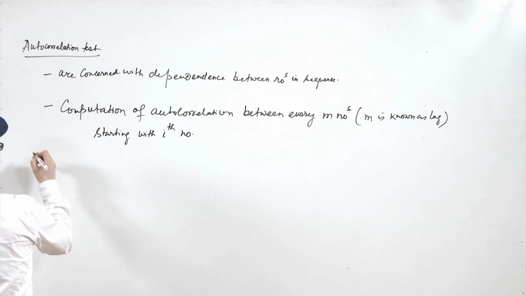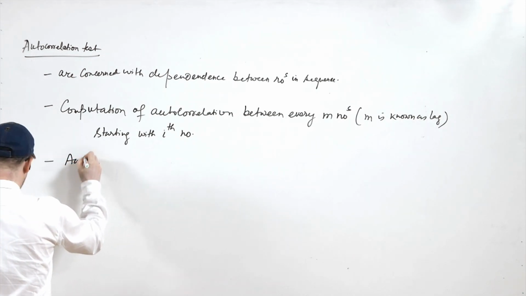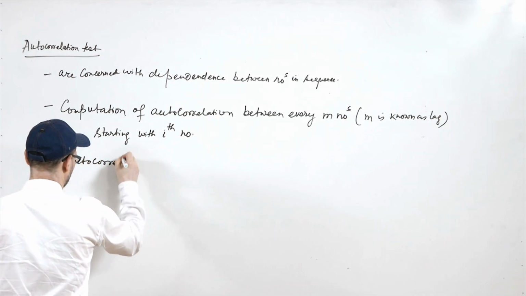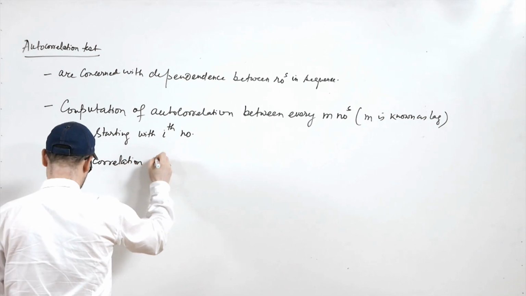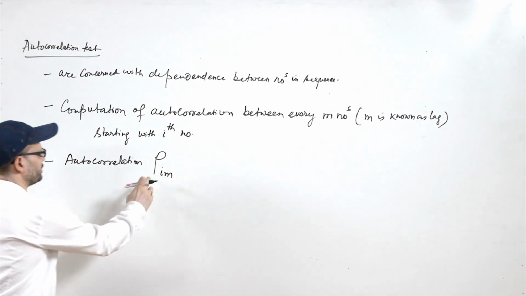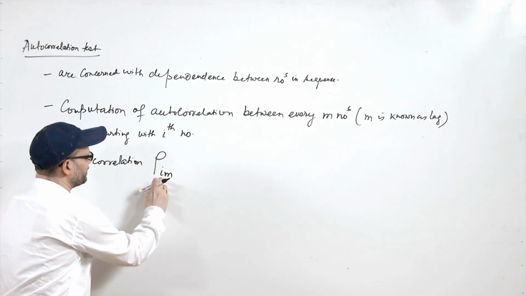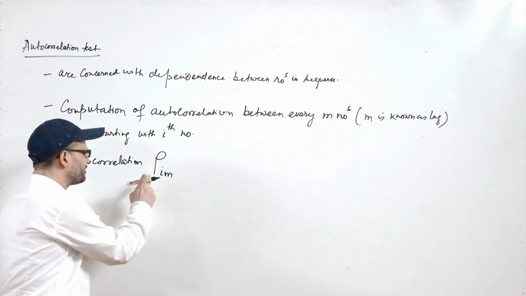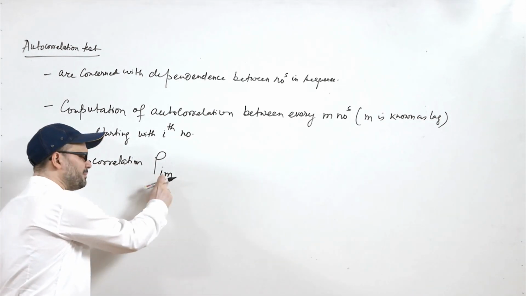Now, what you compute is the autocorrelation, that is rho im. Rho im tells the autocorrelation between the numbers starting at the ith number with m as the lag.